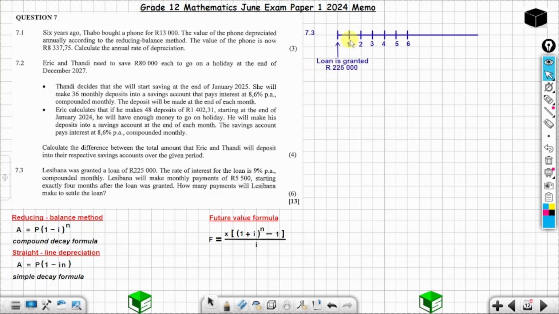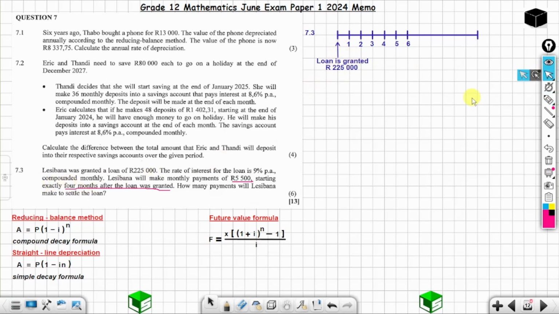All the way to the end, when you read, you are told Lesibana will make monthly payments of 5,500 starting exactly 4 months after the loan was granted, instead of starting 1 month after. You have after 4 months.